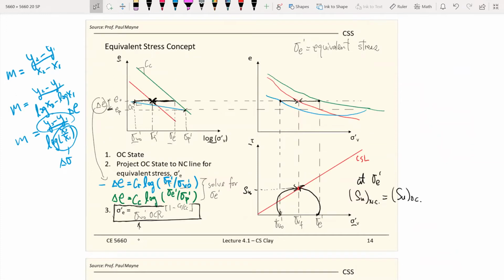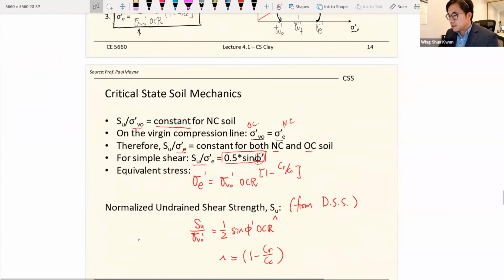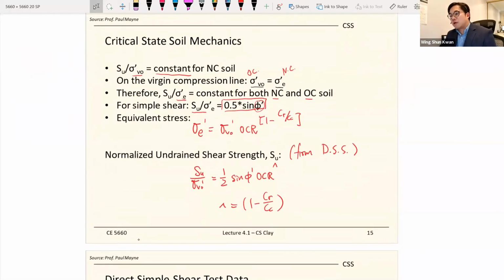In modern work, you need a bridge or another stress state to mirror what you work. Actually, the need for the equivalent stress is given in examples on the next slide when we talk about the DSS. So the equivalent stress allows us to bridge the overly consolidated side and also the normally consolidated side, such that we can substitute the vertical stress with this equivalent stress.